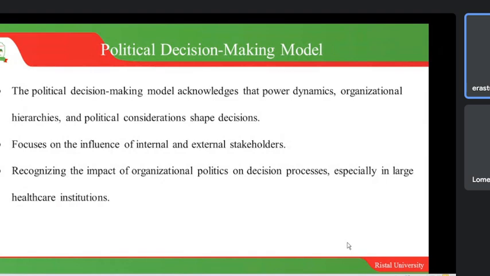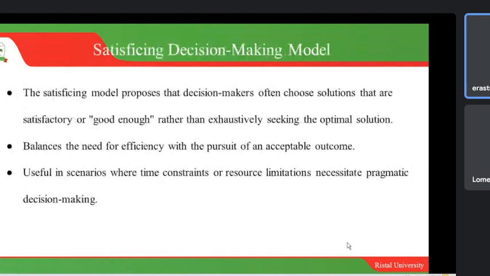So when we are using the political decision making model, we are focusing on internal and external stakeholders. Once we use this kind of model, we recognize its impact on organizational politics and decision processes, especially in large healthcare organizations.